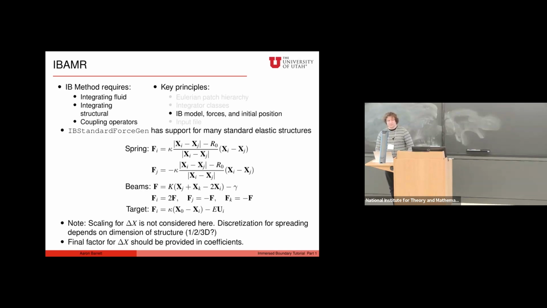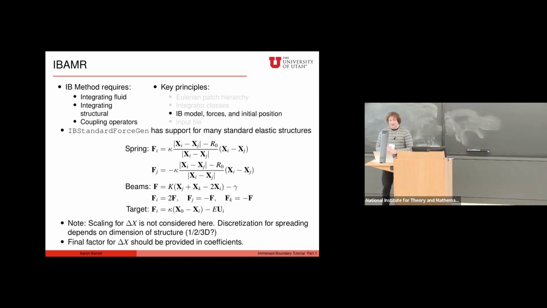And this is important. And it goes back to what we said about spreading. So when we discretized spreading, we had an area element associated with it, or a line element associated with it. I wrote down delta x, but if you have area, it'll be delta x squared, volume delta x cubed.